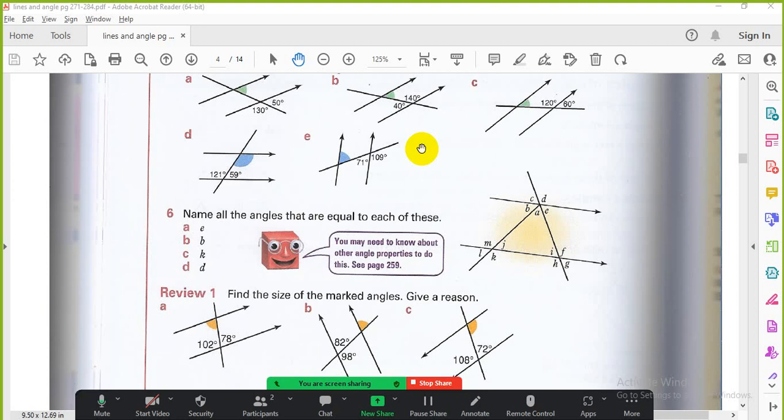So at the moment D you can take F. Okay, is that clear? Yes, sir. Okay, very good.